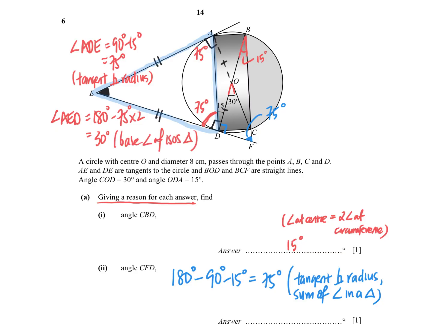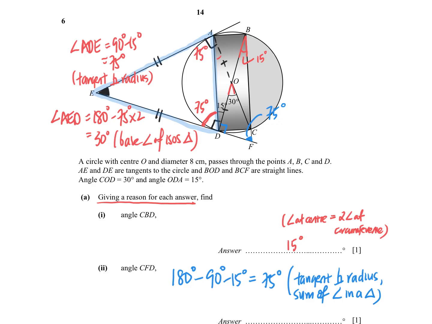So all these, you must have a general idea. For the first one, right? They already got 15 there, right? You can just use alternate angles. Alternate to where?